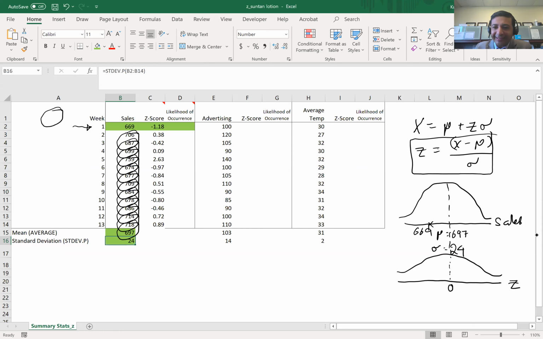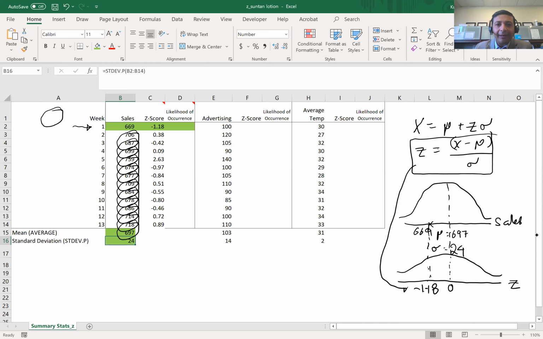For 669, its corresponding Z value will be a negative value, and lo and behold, that value is 1.18, which we have already captured. We have applied Z equals x minus mu over sigma, with x being 669, mu 697, sigma 24, and that becomes negative 1.18.